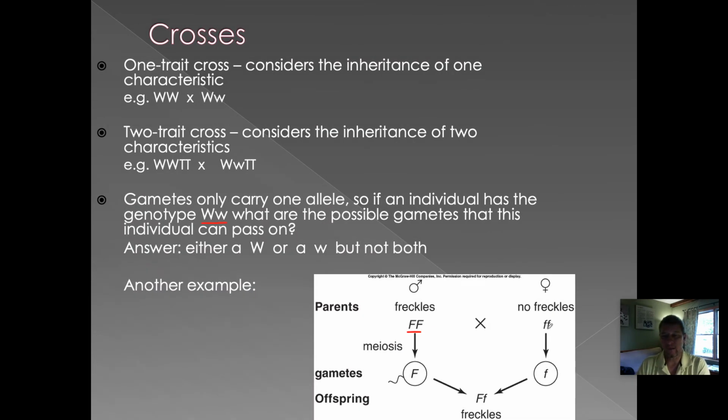On the other hand, if mom has no freckles, then the only eggs that she can produce will be non-freckled eggs, eggs that contain the recessive allele. But what does that mean? Well, that means that all of their children will have freckles. Because dad is homozygous dominant, he will pass on that dominant allele to every single child, and therefore all the children in this case will have freckles.